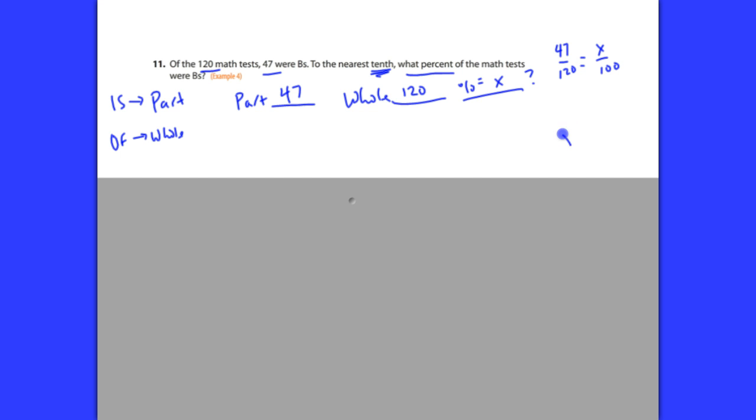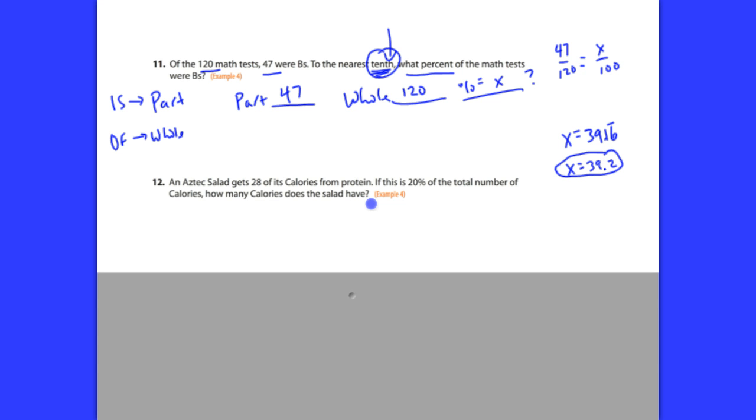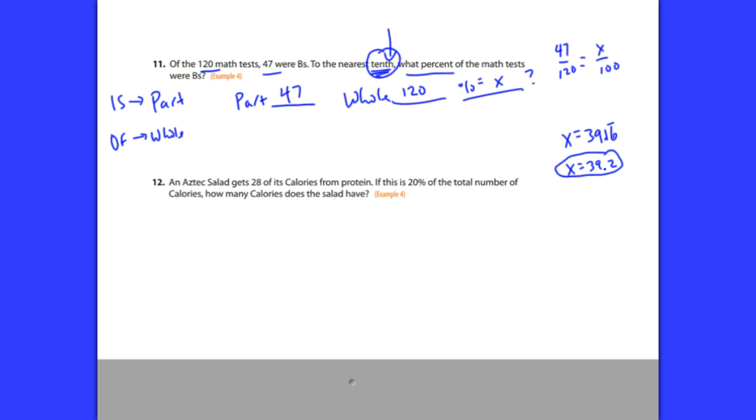It should come out to be x is equal to, it's a decimal actually, 39.16 repeating, but the question said rounded to the nearest tenth, which is the 1, so since it's 16, 6 is greater than 5, it would be 39.2 is my solution there. And you will need to be able to apply these concepts to word problems like this for me.